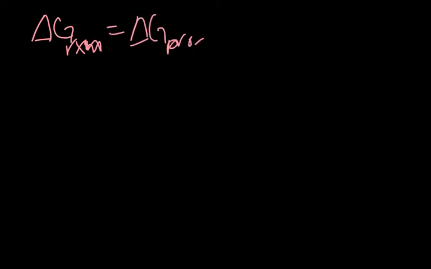Okay. So our delta G value for the reaction, now if you remember the equation, it's products minus reactants. Since we have 2 moles of the nitrosyl chloride, we multiply the delta G of the nitrosyl chloride by 2.